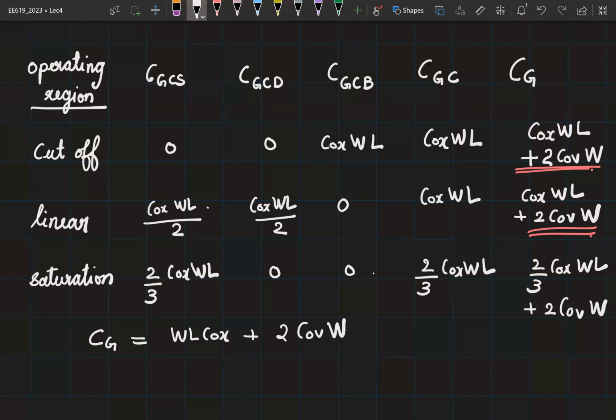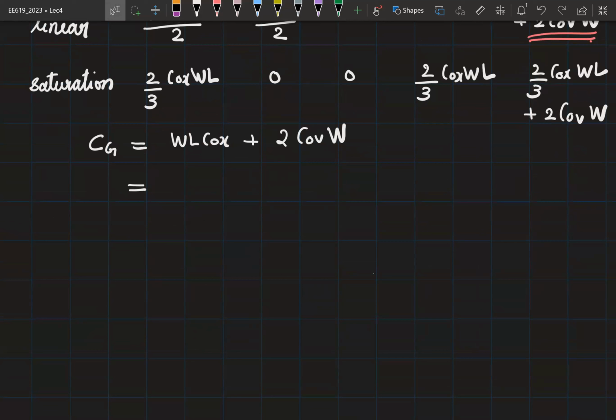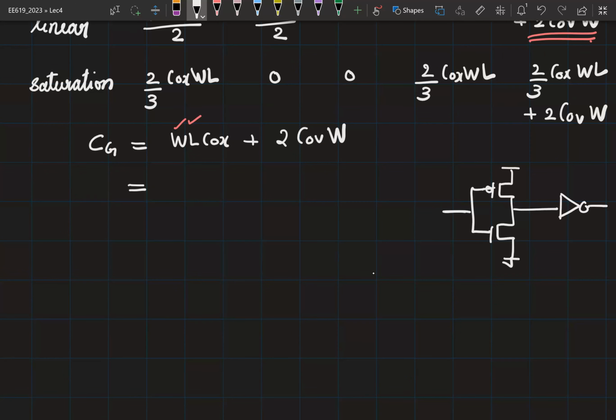So can you tell me what are the design parameters available in this expression? We have W and we have L. Now it turns out for digital designs, we would like to keep our L to the minimum possible length. The reason is very simple. Let's say I have an inverter like this, and this inverter is driving another identical inverter.